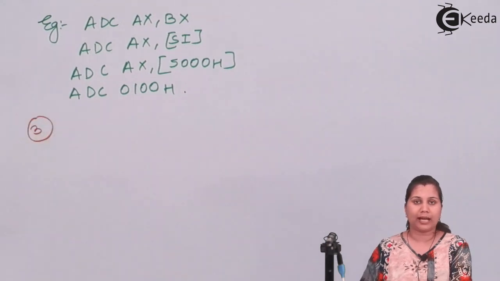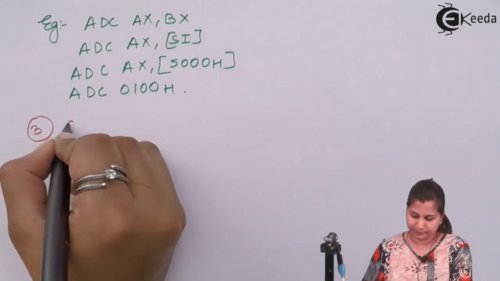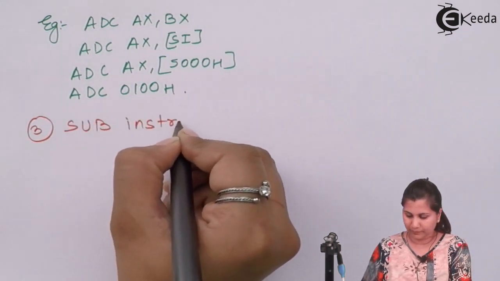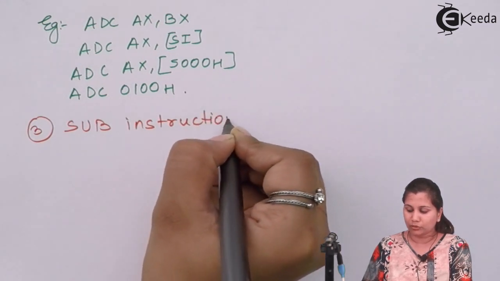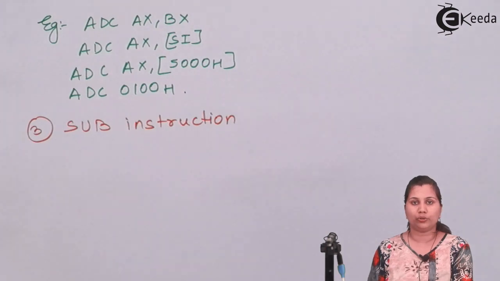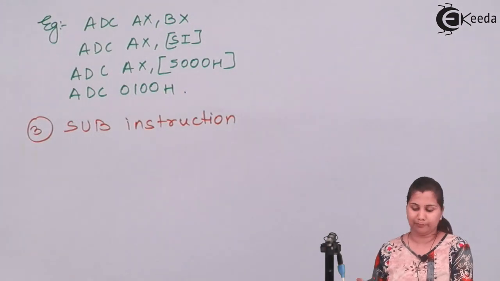Next instruction we have is for the subtraction, SUB. The mnemonic for this code is SUB. We are going to write SUB to use this instruction in the main program.